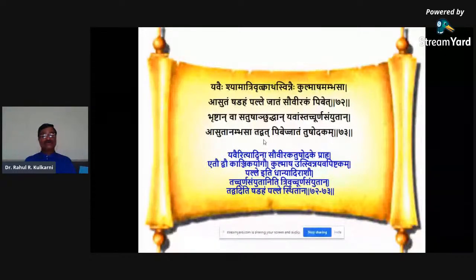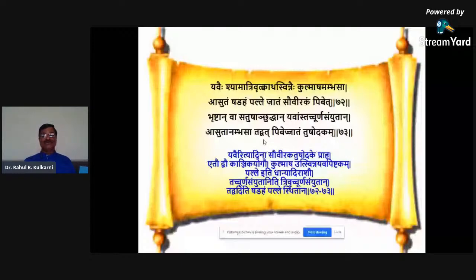Bhrustan va satushan chuddvan yavastas churna sanyutam asutan ambasaha tadvat pibet jatam tushodakam. So here he explains what is savviraka and what is tushodaka. Savviraka is nothing but the sandhana kalpa which is prepared by yava, kulatha and masha, which are boiled in water.